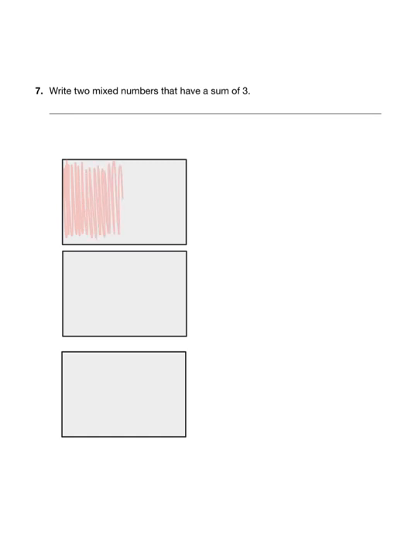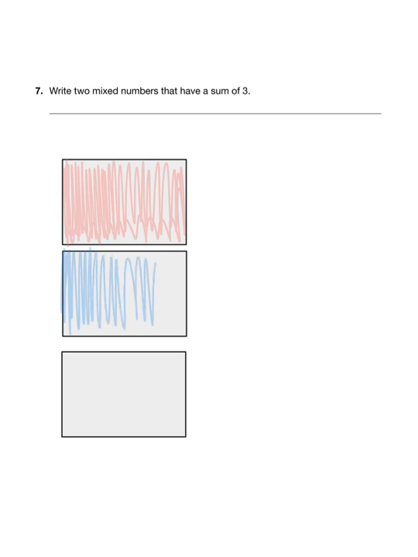Since we have to have 2 mixed numbers, let's go ahead and assume that the 3 is going to be cut into 1 whole with a fraction plus 1 whole with another fraction for a total of 3.